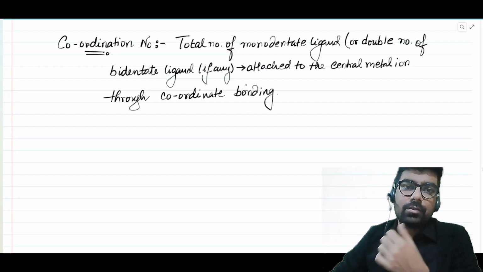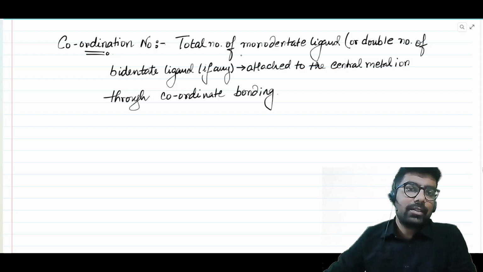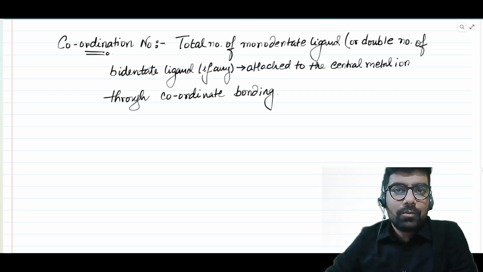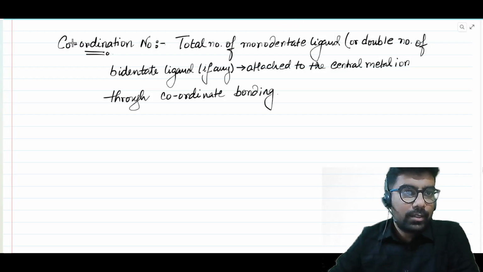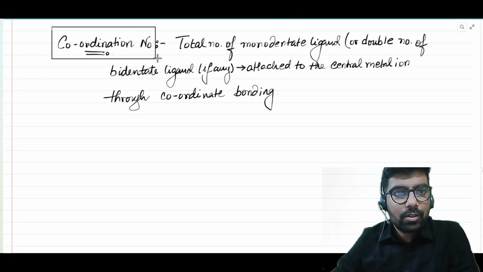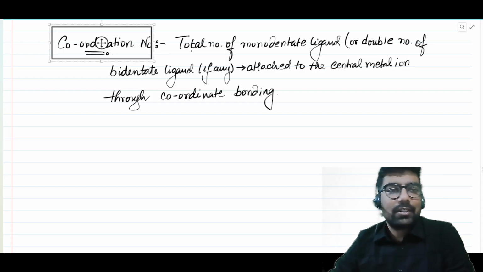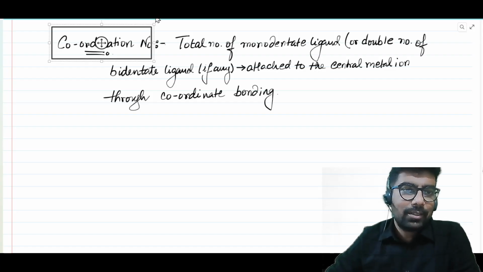It is the total number of monodentate ligands, or double the number of bidentate ligands, attached to the central metal atom. Now let's understand this in a proper sense.